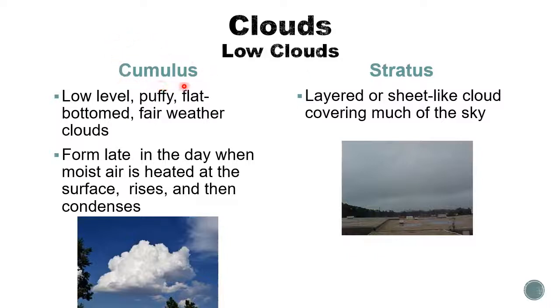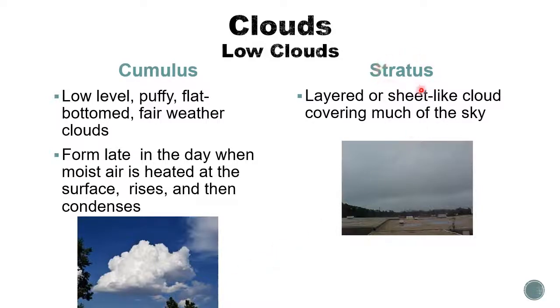Anytime you see cumulus, it is going to be puffy with a flat bottom. But these are specifically our low-level ones. These usually happen in fair weather, when it's mostly clear outside. They're going to form late in the day, when our moist air is heated at the surface, rises and condenses. So they're going to make these cute little puffy clouds.